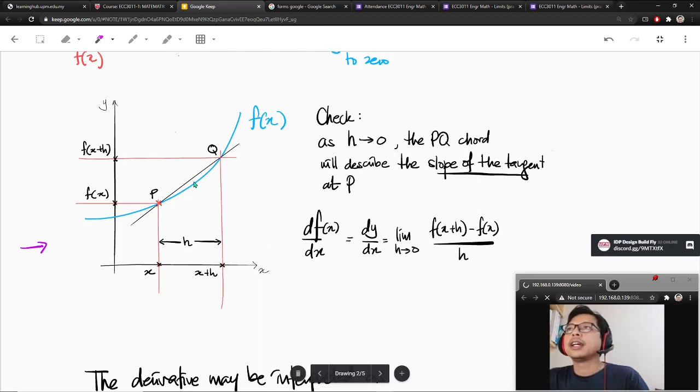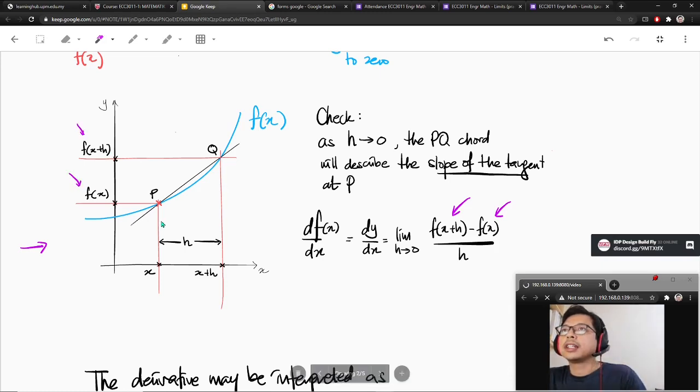Let's call that function plotted in blue f(x). Just now we have seen f of x plus h, and then f of x. It refers to these two values here.